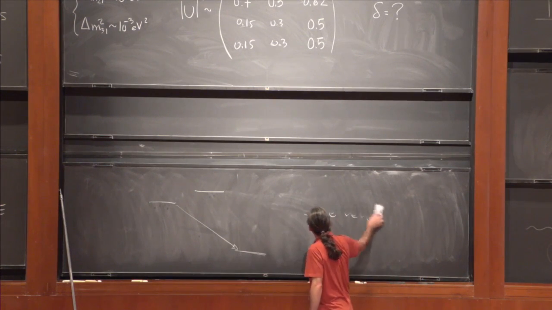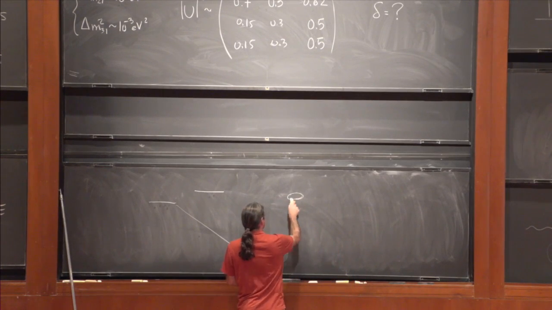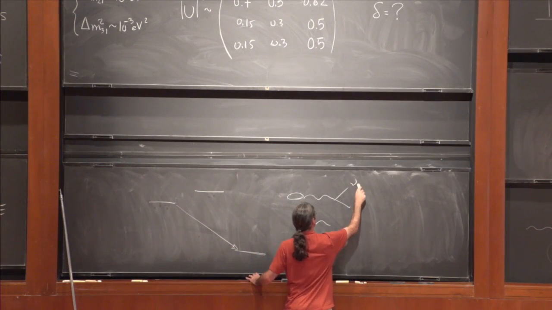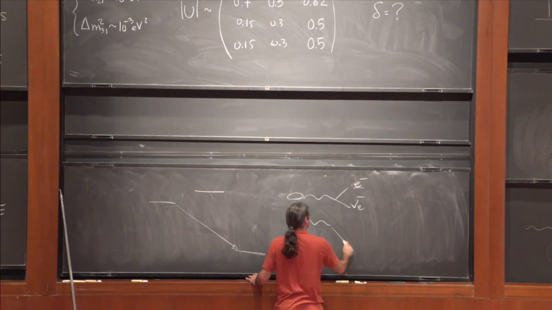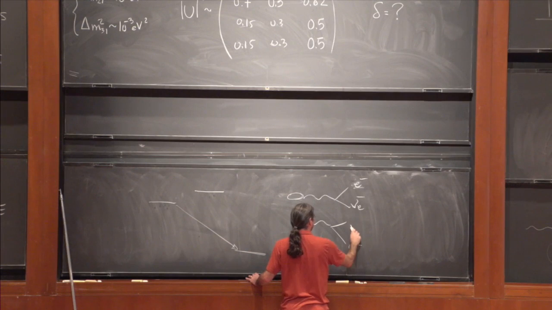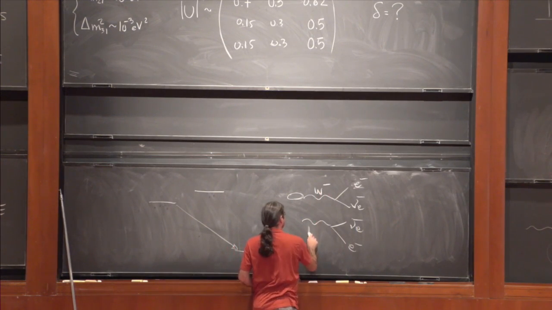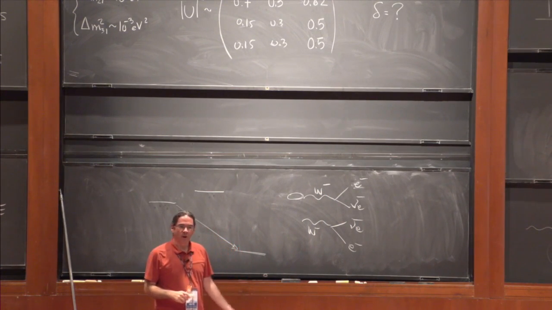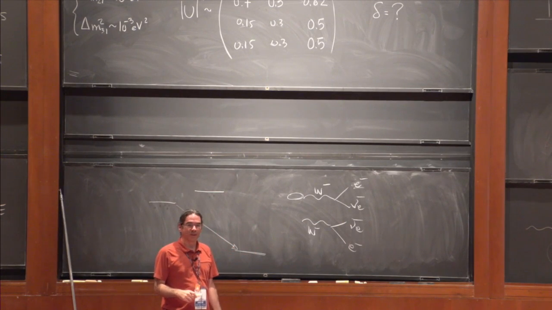And in terms of Feynman diagrams, nuclear physics happens, a W boson comes out, and then it goes into an electron and an anti-electron neutrino, and then again into an electron and an anti-electron neutrino. So this is what's happening here. And of course, there's nothing spectacular about this process other than the fact that the lifetime is really long.